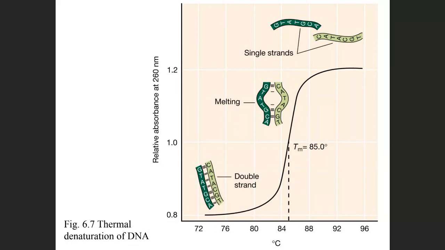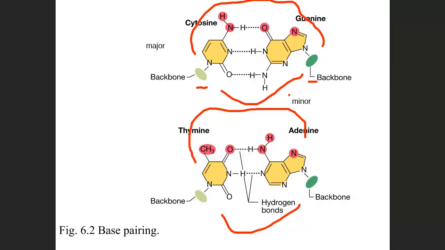So now back to the DNA structure, DNA is formed by base pairs, right? You have GC base pairs and you have AT. GC has 3 hydrogen bonds, so it's much more stable than AT. How stable, you can actually measure.